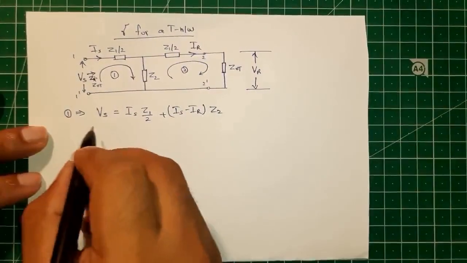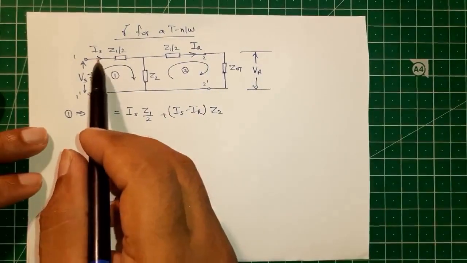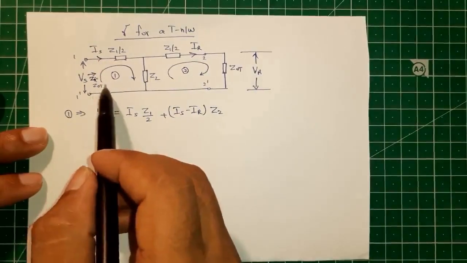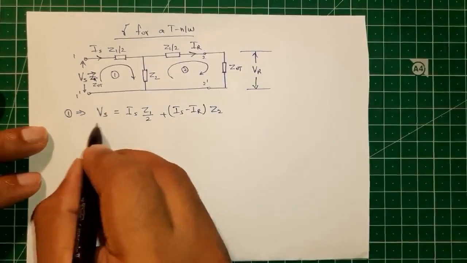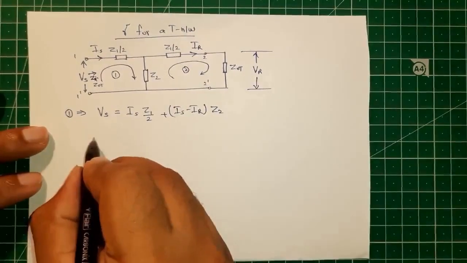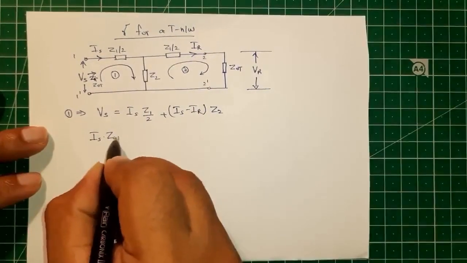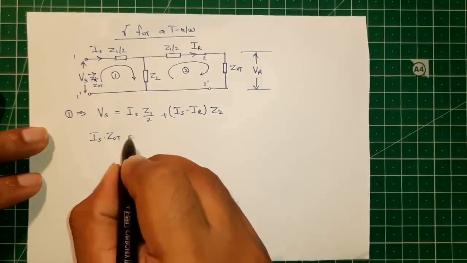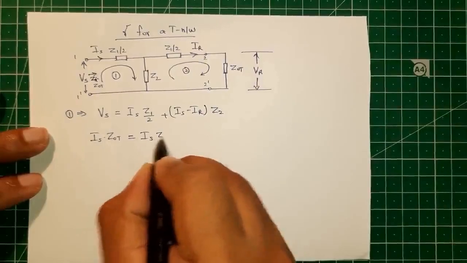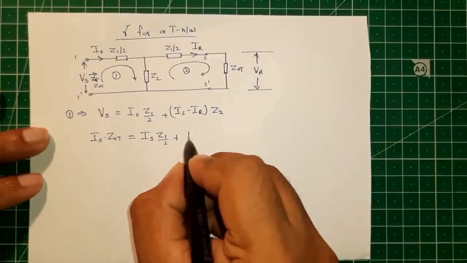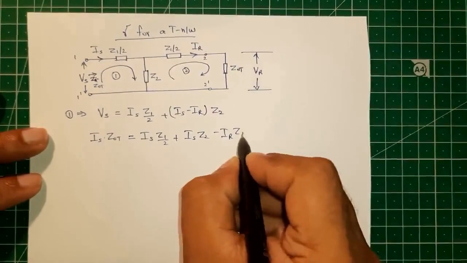So we can write Vs, the voltage, as the product of the sending end current into the sending end impedance. So on the left hand side we have Vs is equal to Is into Z naught T, and on the right hand side we have Is into Z1 by 2 plus Is Z2 minus IR Z2.